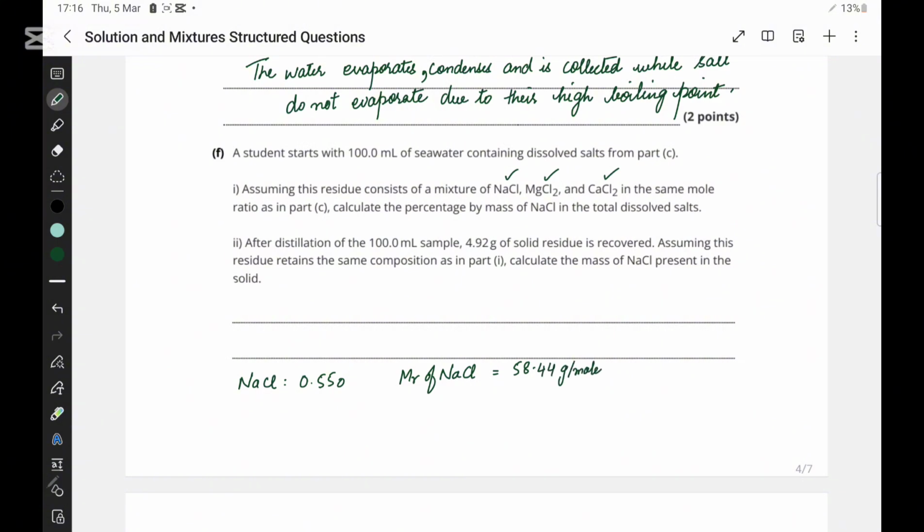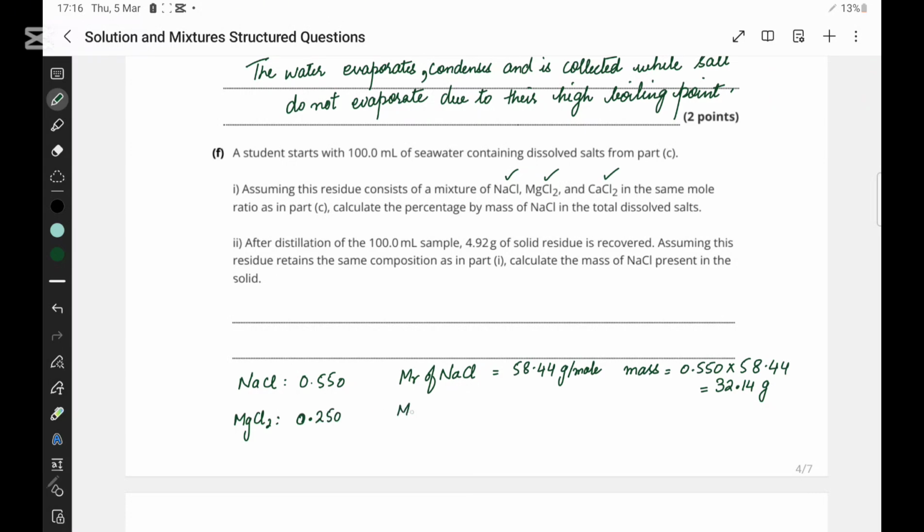To find its mass, it is going to be mole times molar mass. Mole is 0.550 times molar mass, that is 58.44, and that comes out to be 32.14 gram.